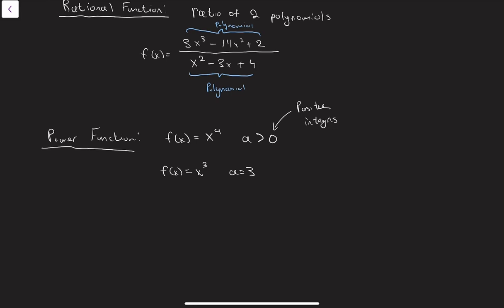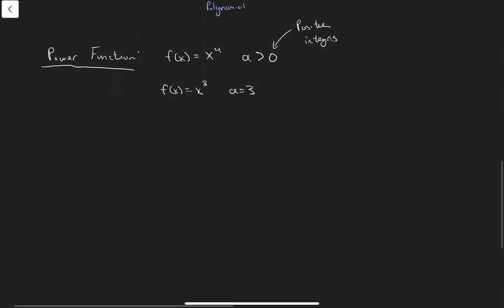Great. So one of the subsets of a power function is known as the root function. Now in this case, the root function, this a value, and I'll make this more clear, a is equal to 1 over n, where n is greater than 0, or some positive integer.